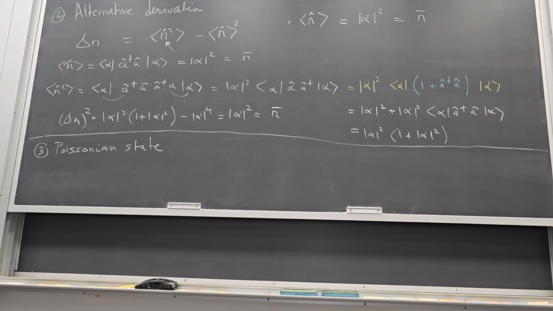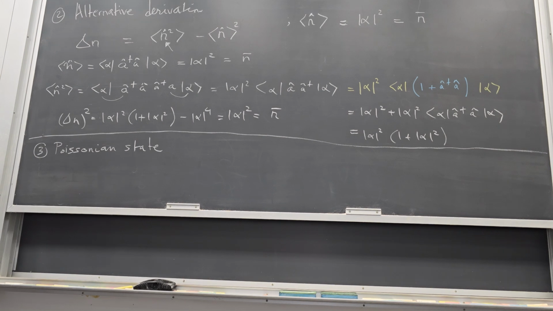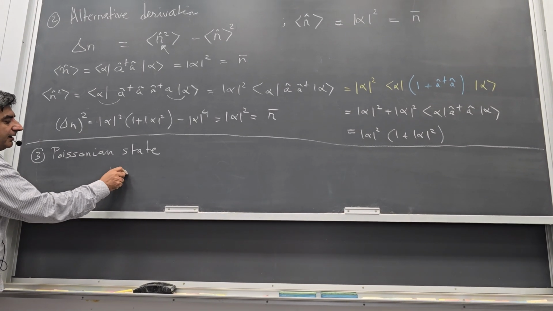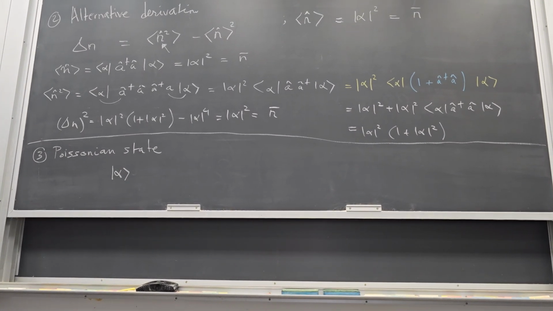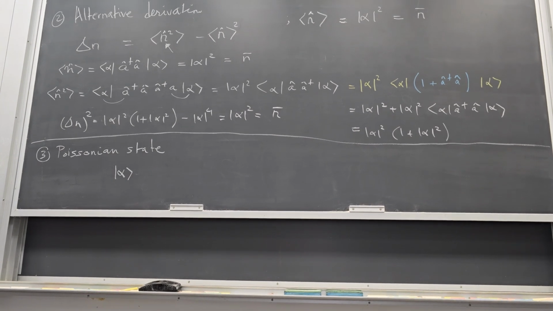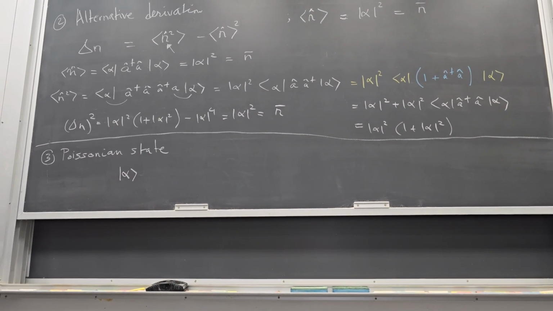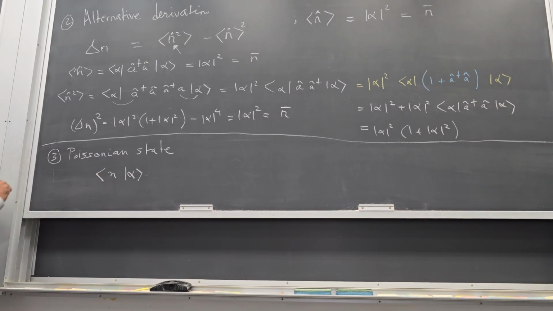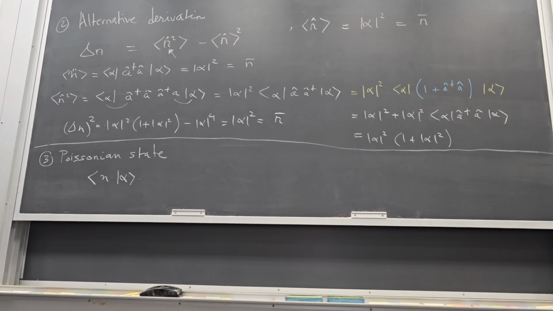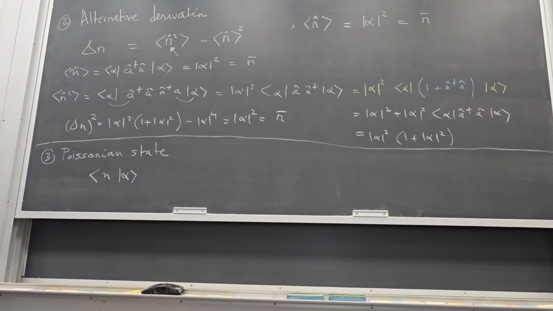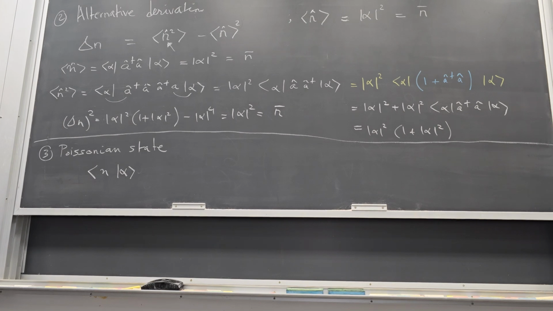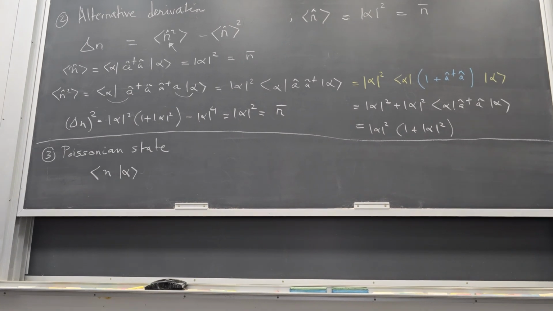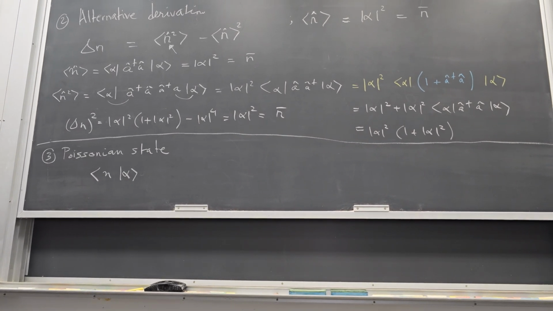So for that I want to find out the probability amplitude of finding n photons in the system. I take the coherent state and find its overlap with ket n. This will be the probability amplitude, the overlap of the coherent state with the number state of n photons.